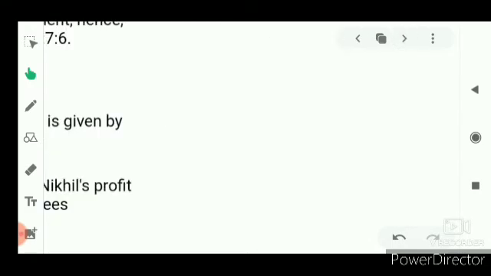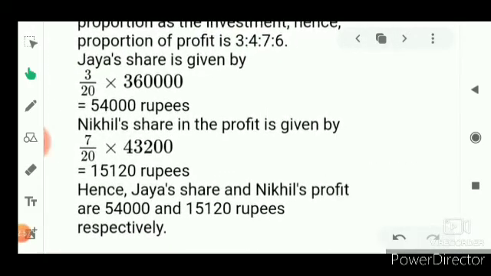Let's see the solution. 3 plus 4 is 7, 7 plus 7 is 14, plus 6 is 20. So 3 upon 20 into 3,60,000 is 54,000 rupees. That is Jaya's investment.